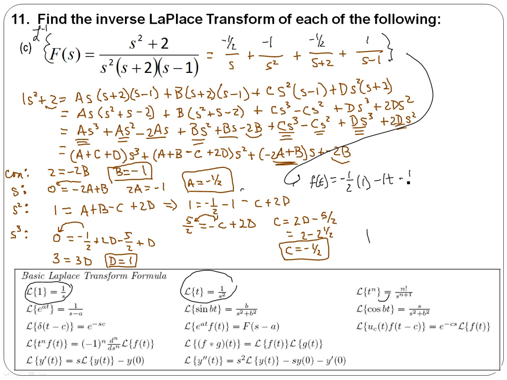My third coefficient is minus 1/2. The inverse Laplace of 1 over s plus 2 is e to the negative 2t. And then the last coefficient is just a 1.